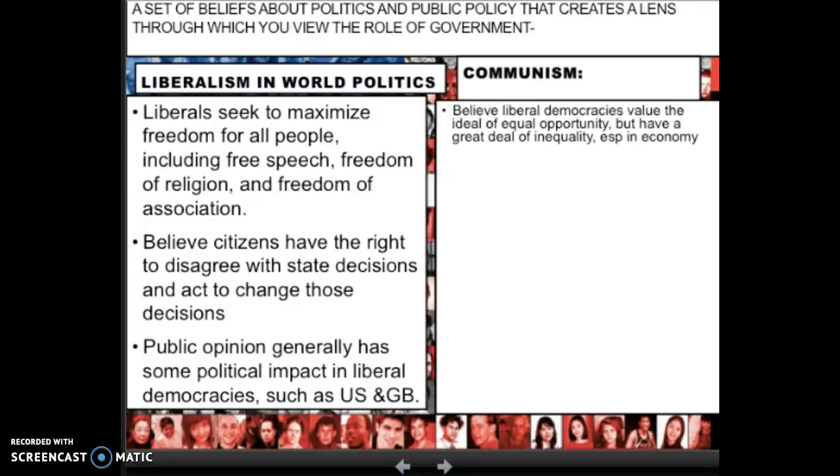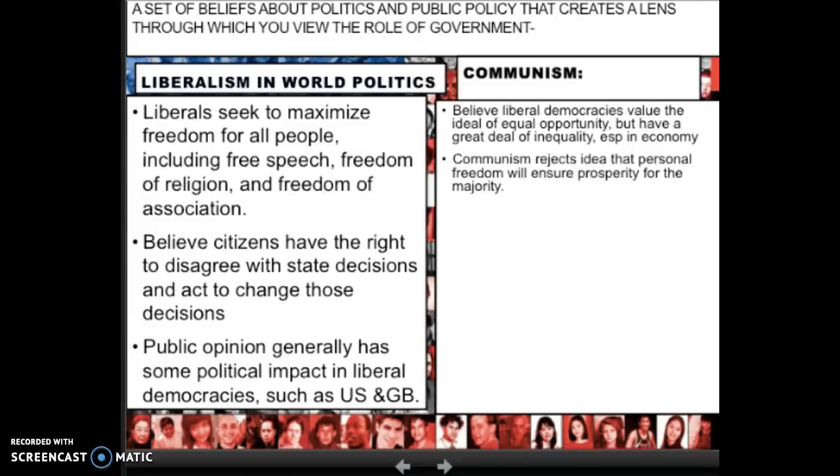So communism looks at a liberal democracy and says that you really are being fake by the fact that you talk about citizens have these rights and these freedoms, but your system is set up in a way that workers are exploited and consumers are exploited by big business.